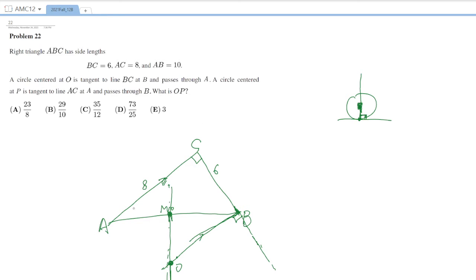So now next step. We have this angle alpha, this angle alpha. Next is a circle centered at P tangent to AC. So where is the center?